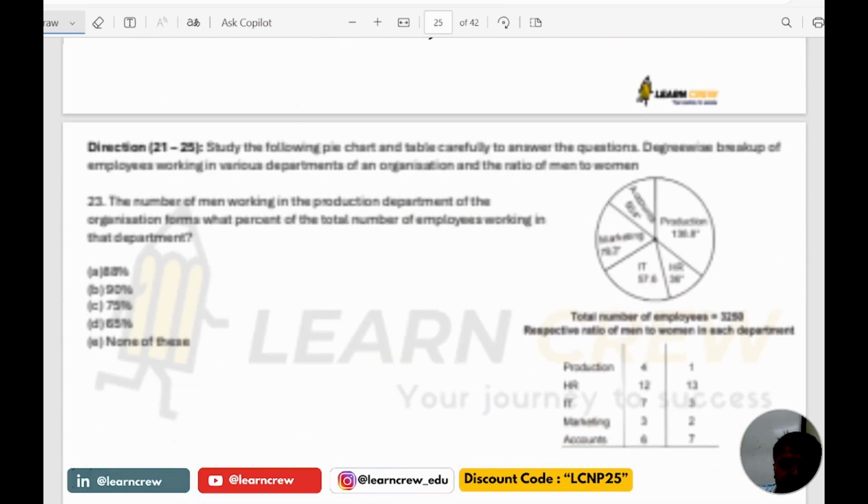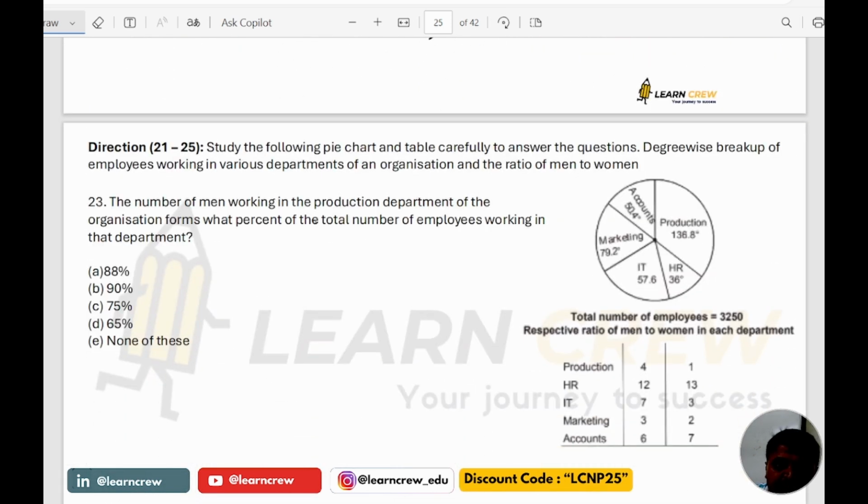Next, number of men working in the production department of the organization. Men working in the production. Men working in the production is how much? 4/5. 4/5 of production total is 136.8. Forms what percentage of the total number of employees working in the department?